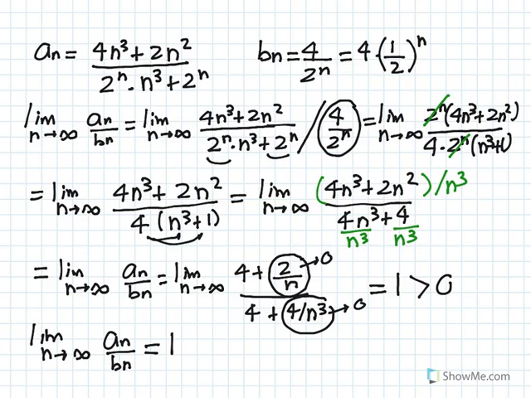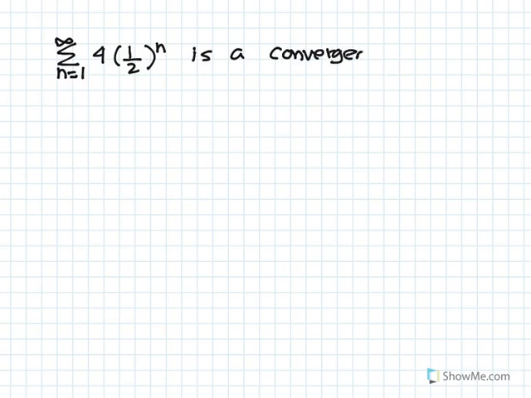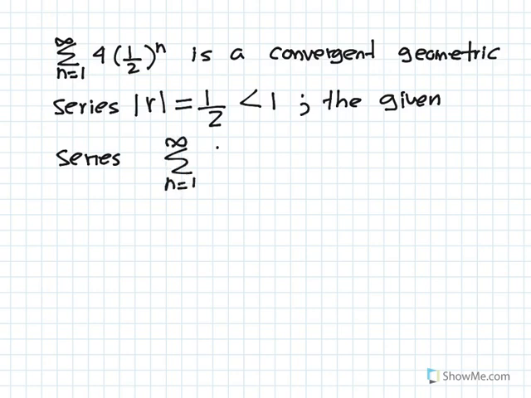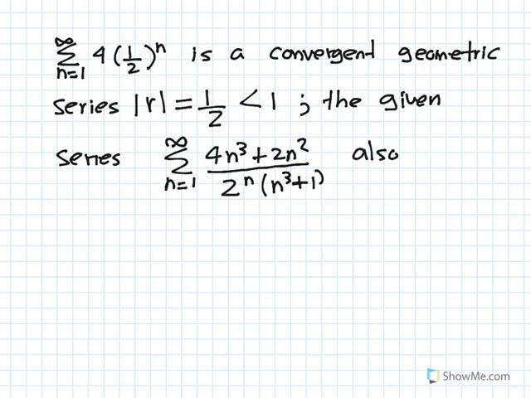Let me write this better. Since the limit as n approaches infinity of an divided by bn is equal to 1, which exists and is greater than 0, and our comparison series, 4 times (1/2) to the n, is a convergent geometric series with common ratio absolute value of r equal to 1/2, less than 1, then the given series, the summation from n equals 1 to infinity of (4n cubed plus 2n squared) divided by 2 to the n times (n cubed plus 1), also converges by the limit comparison test.